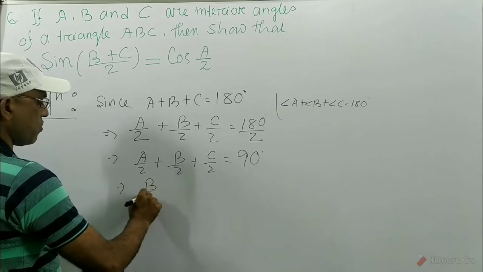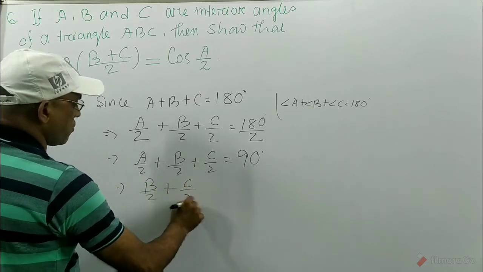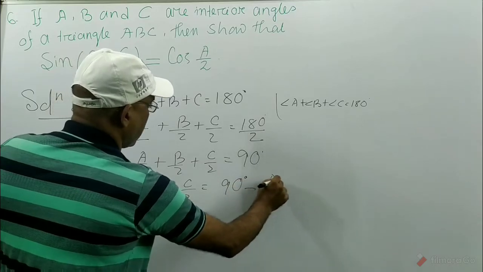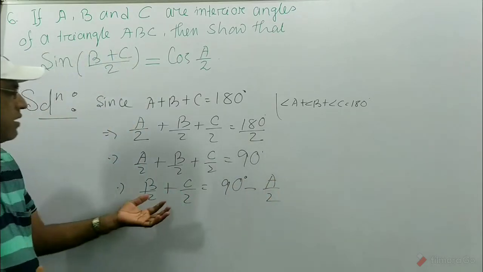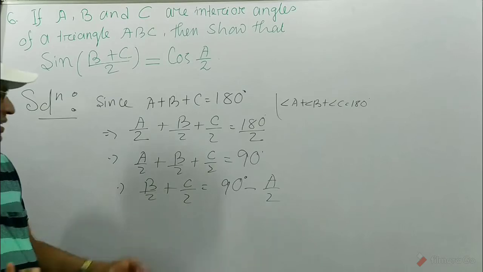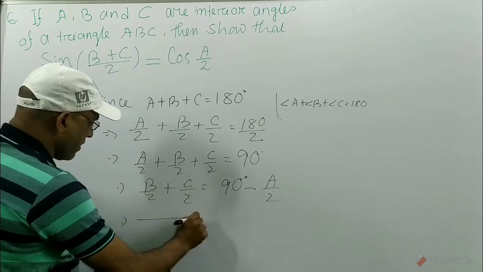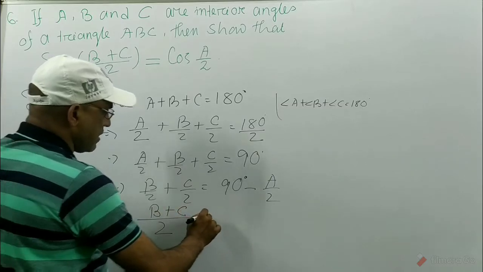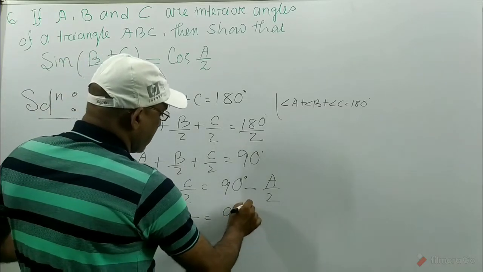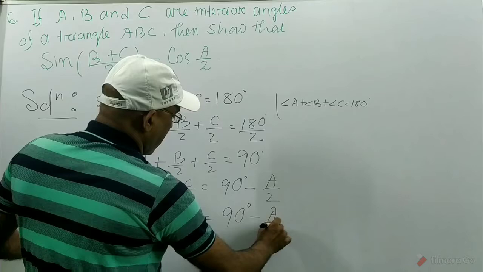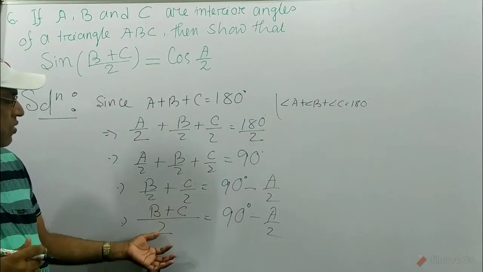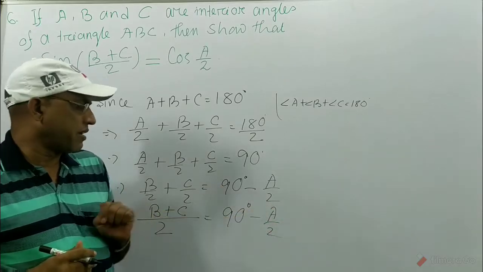So B by 2 plus C by 2 equals 90 degrees minus A by 2. Taking the left-hand side and taking the LCM, which is 2, we get B plus C by 2 equals 90 degrees minus A by 2.